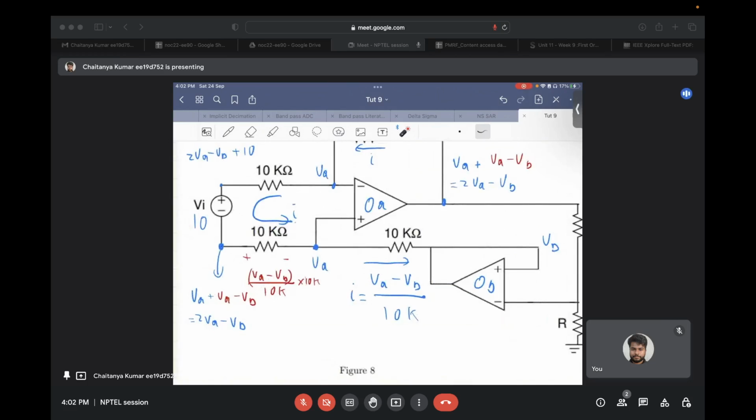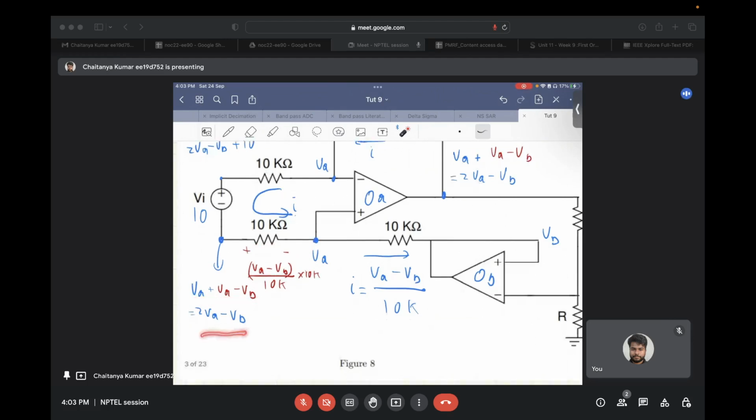So the voltage developed across this will be (VA minus VB) by 10 kilo ohm, that is the current, into 10 kilo ohms, the resistance of this element. So for this node, the voltage will be the voltage of this node, that is VA, plus the voltage developed across this 10 kilo ohm resistor. So the total voltage will be 2 VA minus VB.